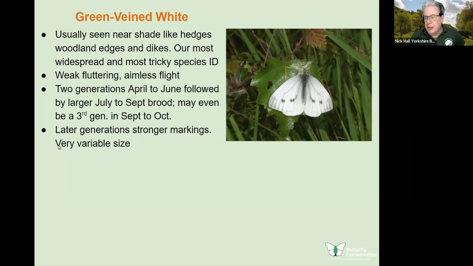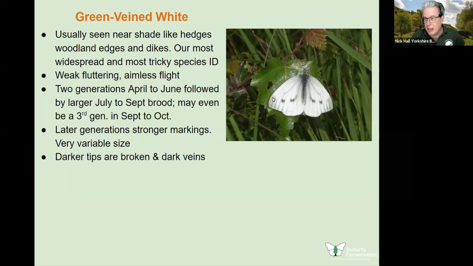The later generations have stronger marks. This, I would say, is a second generation butterfly because it's much darker. The veins are very obvious. The spring generation is also very variable in size. So you get small ones and big ones, which does make it even more confusing.